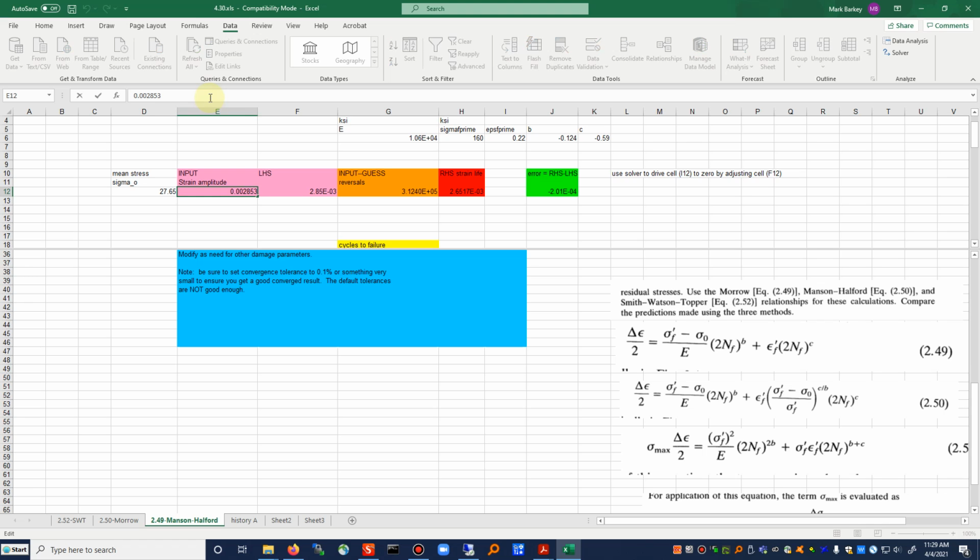Okay, so here's my strain amplitude, 2853, and that's what I had over here, 2853 microstrain. All right, now my left-hand side is my strain amplitude. So that's this term right here. Okay, so that's good.